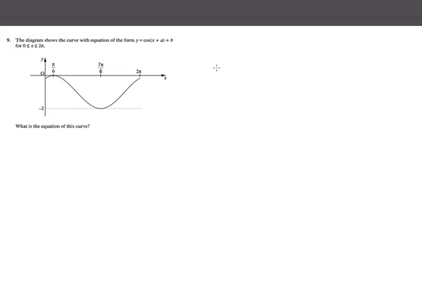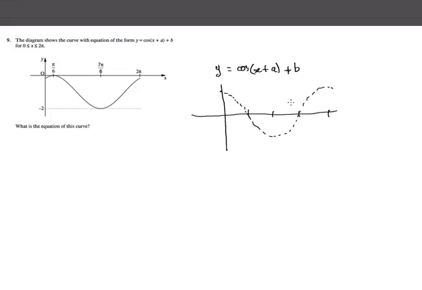Okay, so let's see if we can figure out what's gone on in this example. Remember, adding a number a, if a is positive, then the graph moved to the left, and if b was positive, the graph moves up. Well, in this case, let me just remind you what the cosine graph looked like again. The cosine graph started up here, went down, and back up to 1 again.